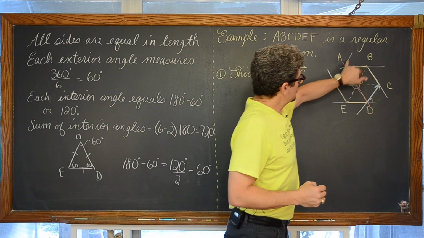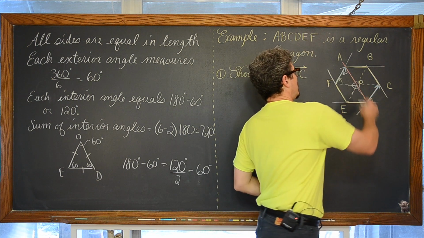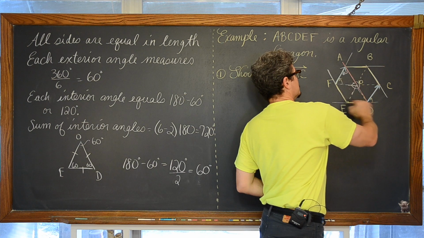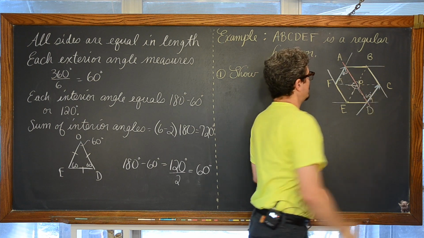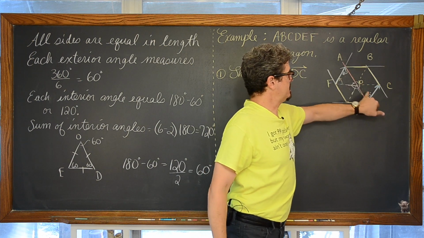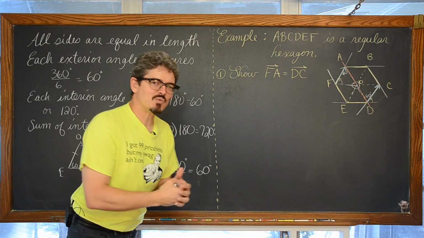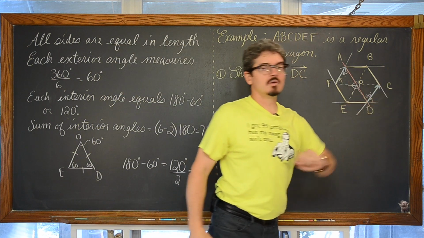And when you have two lines being cut by a transversal, and here's one triangle with an angle of 60, here's one triangle with all these angles being 60, when two lines are being cut by a transversal and the alternate interior angles are equal, then those lines are themselves parallel.